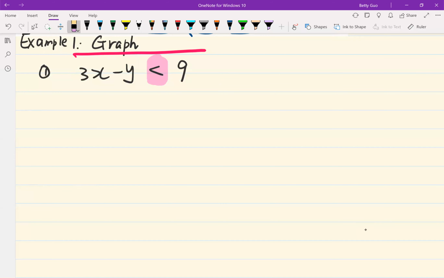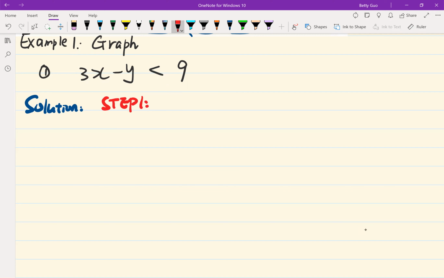We are going to graph the solution set for this inequality in 2 variables. I have a procedure. I'll show you the procedure. Step 1: change the inequality symbol.